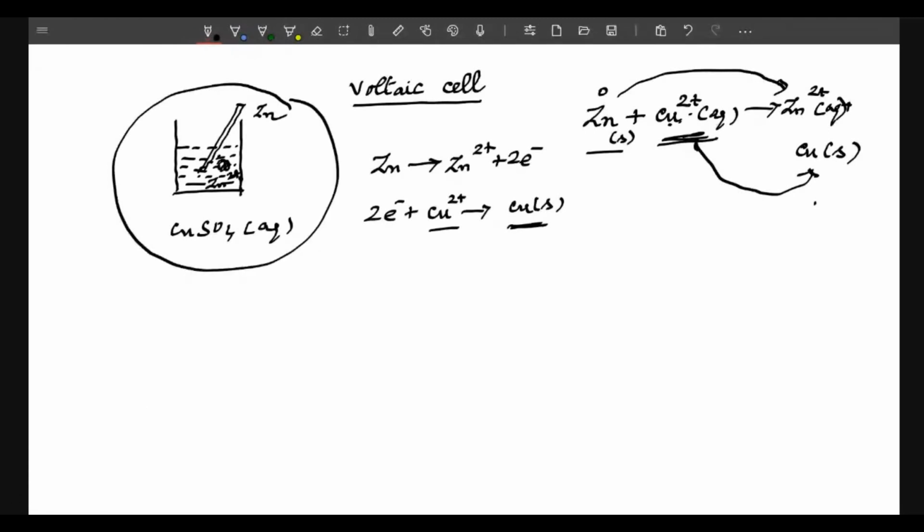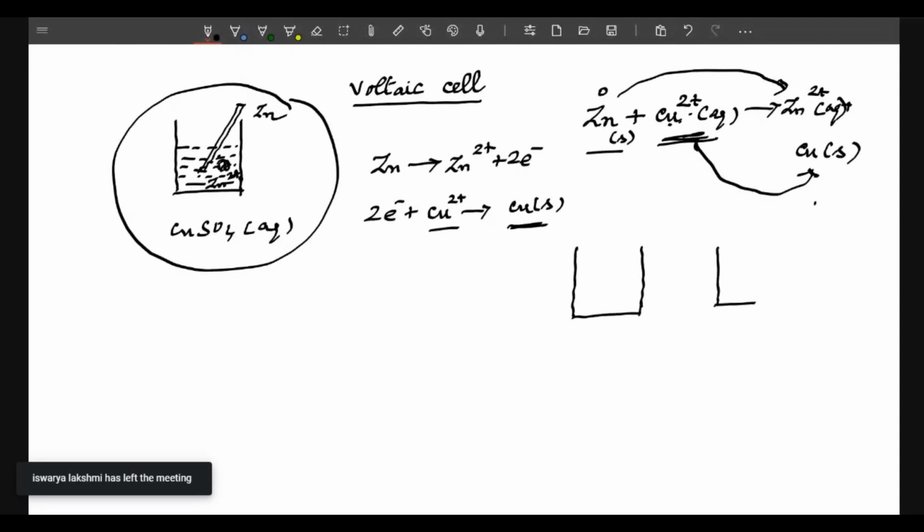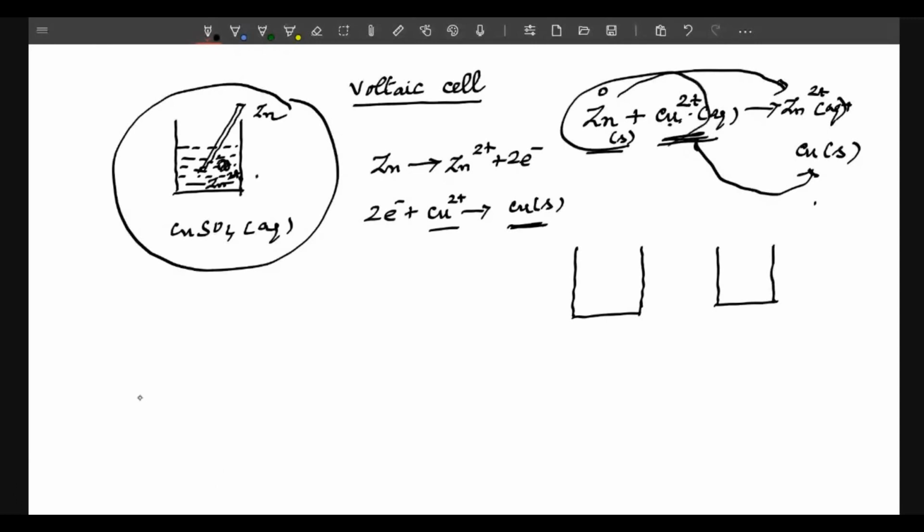And scientists finally found out they can make the cell into 2 half cells. They don't take both the reactants, zinc and copper 2+, in one and the same cell. They take one reactant in one cell and another reactant in another cell.